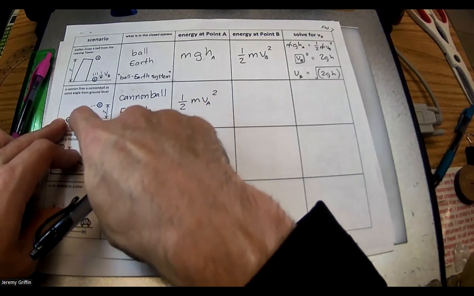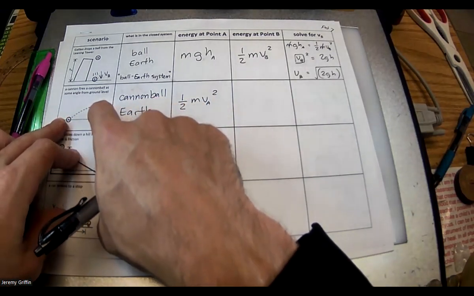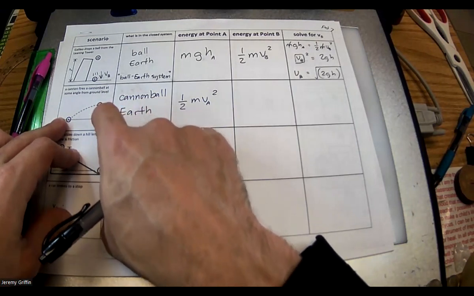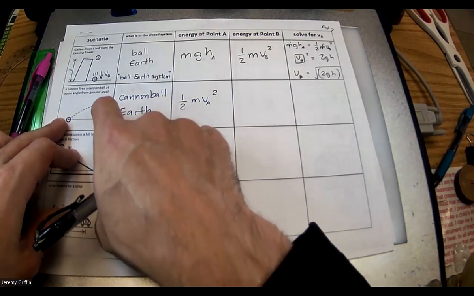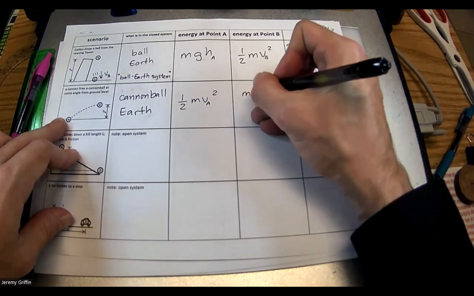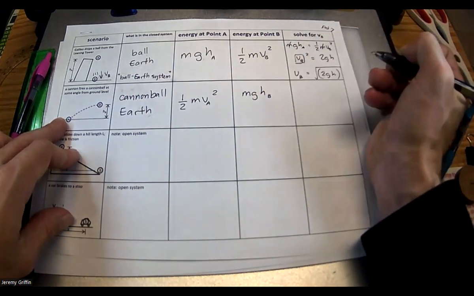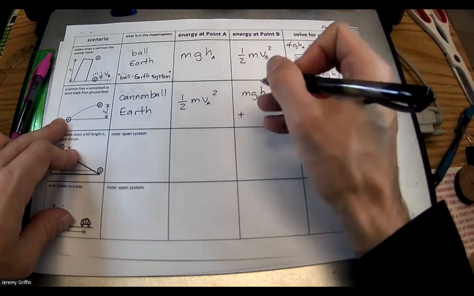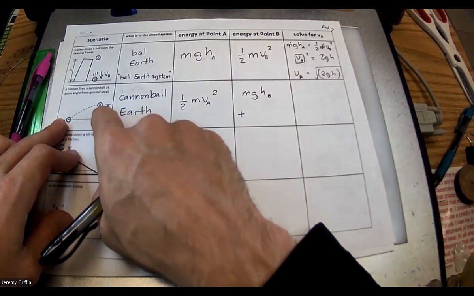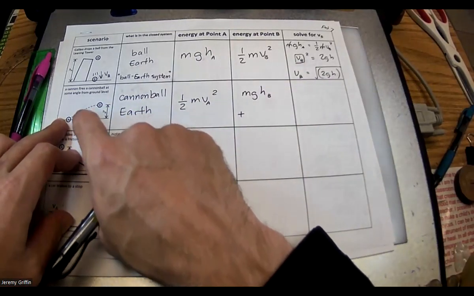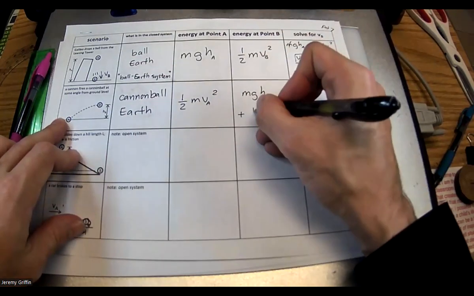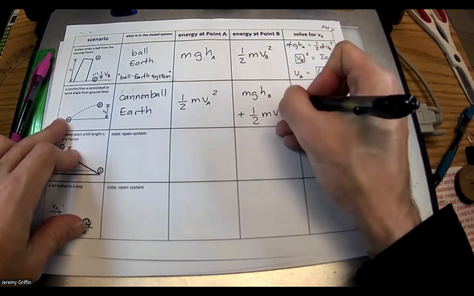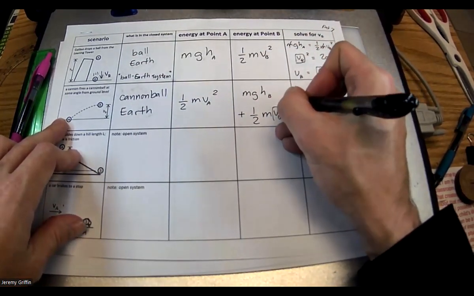Now, by the time it rises to point B, it has definitely risen some height, so it's gained some potential energy, mgh at point B. Plus, it probably has some energy left over that's going into its motion. I bet it's moving there, definitely if it's a projectile. So I bet it has some 1/2 mv squared left over. In fact, that's what we're solving for.